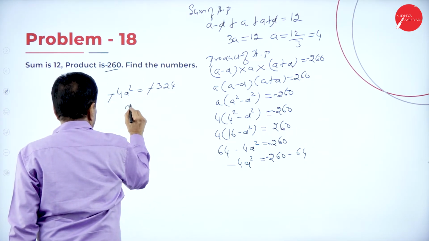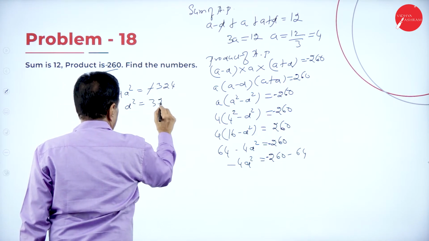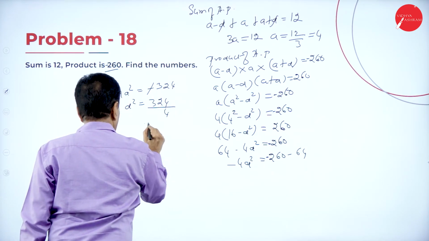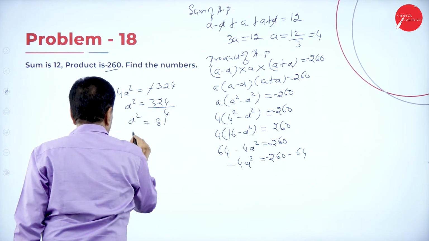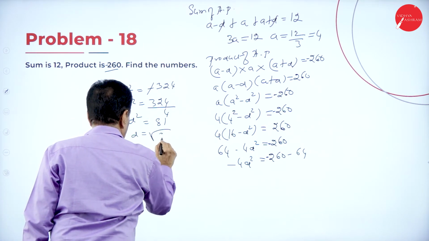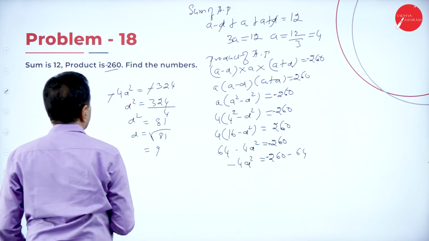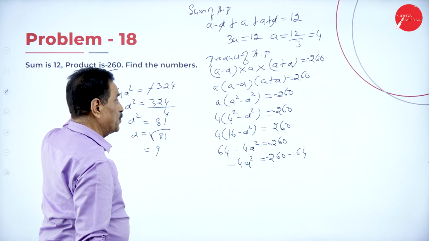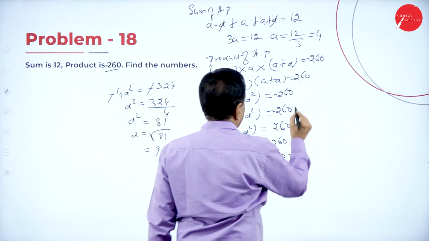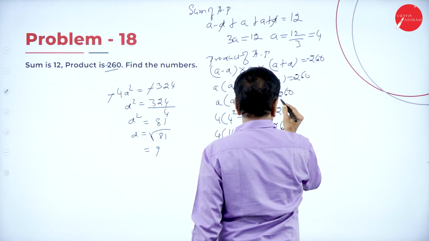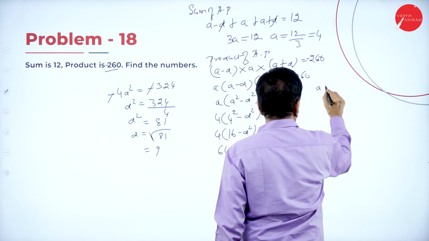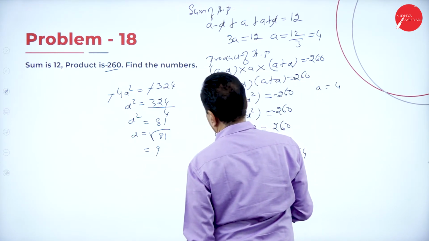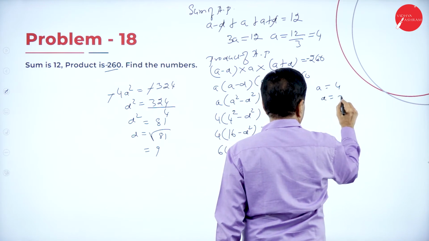So D square is equal to 324 divided by 4, 81. D is equal to root of 81, which is 9. It is not plus 260, it is minus 260. So A is equal to 4, D is equal to 9.